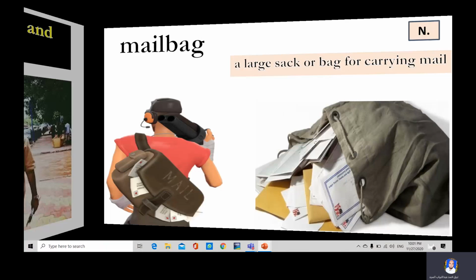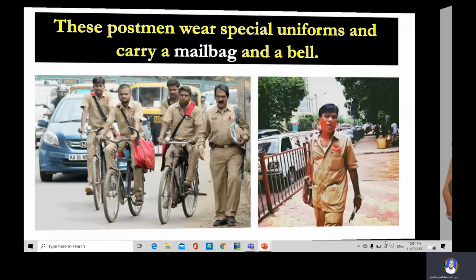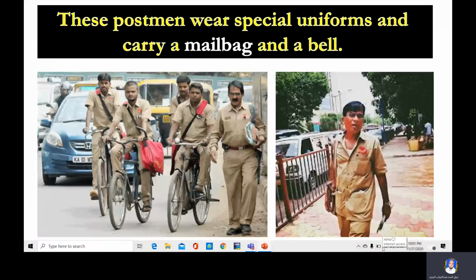They wear special uniforms and carry a mailbag and a bell. So what do these men carry and what do they wear? Describe these men. They are postmen and they are walking on foot or riding a bike, and they are carrying a mailbag and a bell.